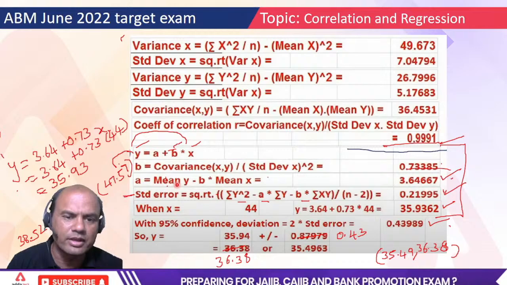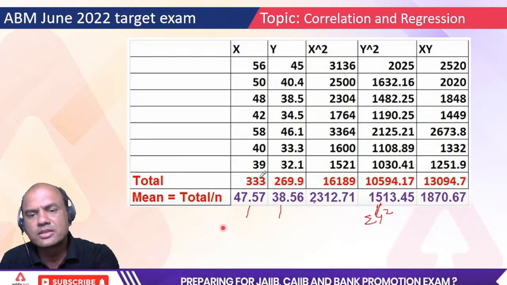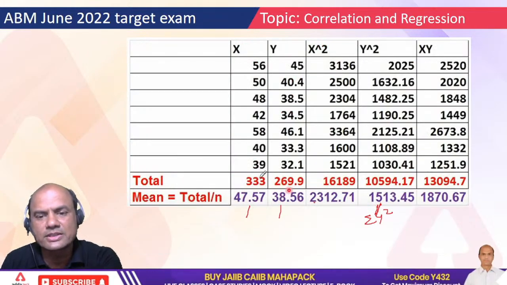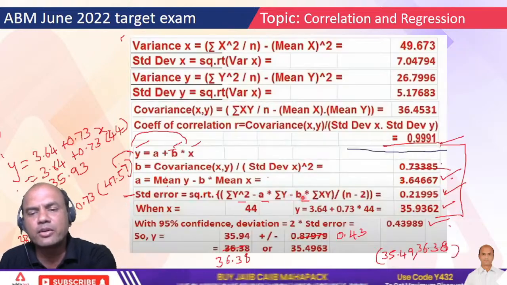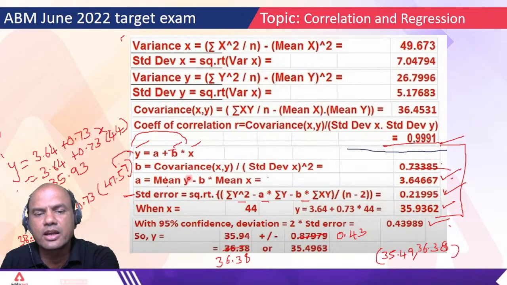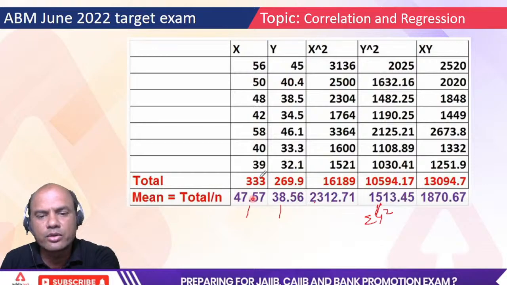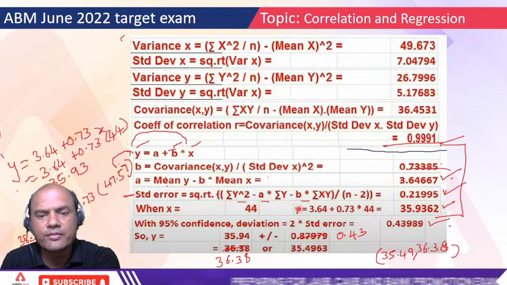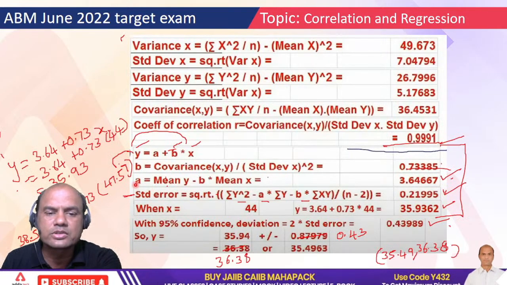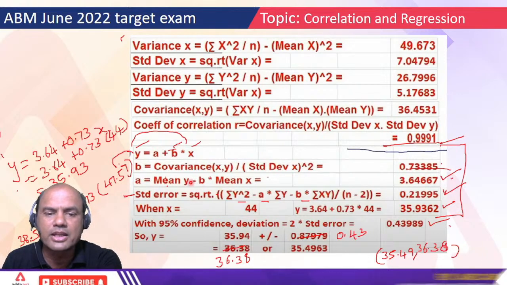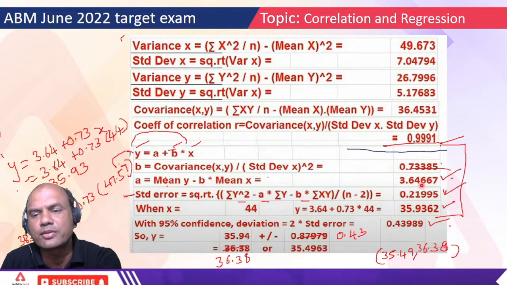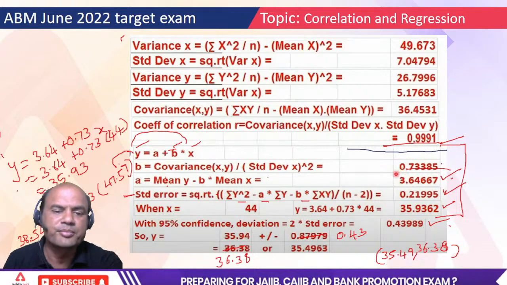Do I know the value of y bar? Yes. This is y bar, 38.56, minus B, I know 0.733, right? And mean of x I know, 47.57. So I've got the value of A also now. A equals y bar minus B into x bar. Has everyone got this value? 3.64.